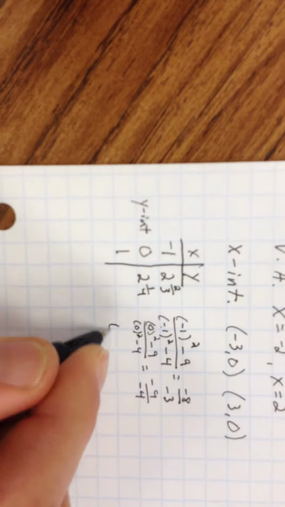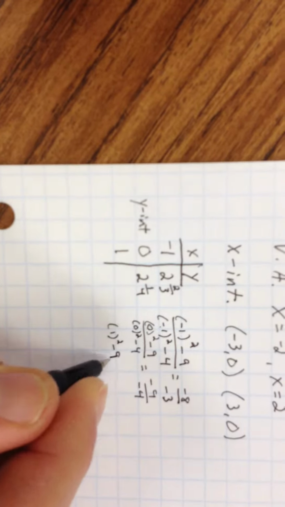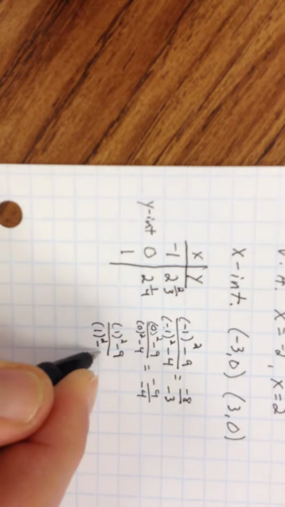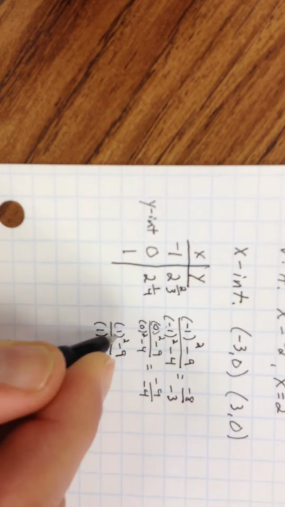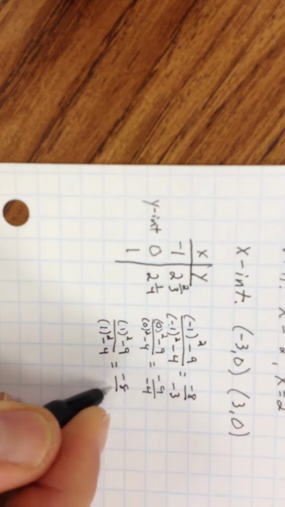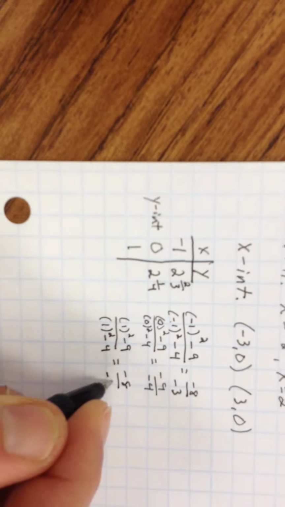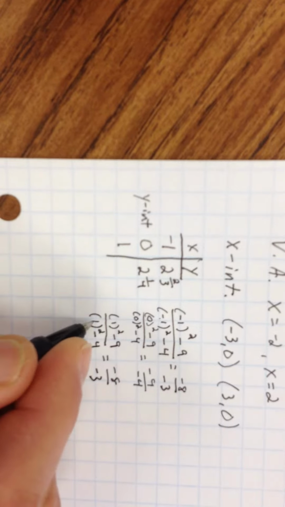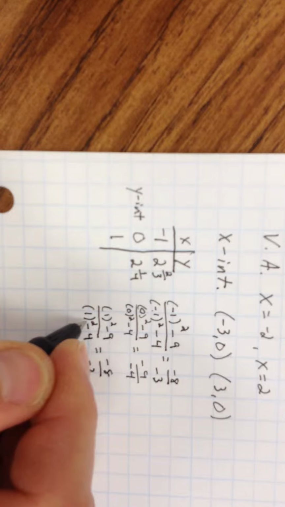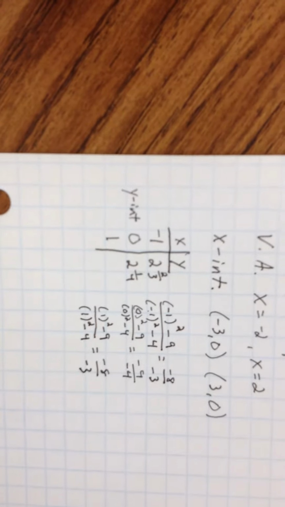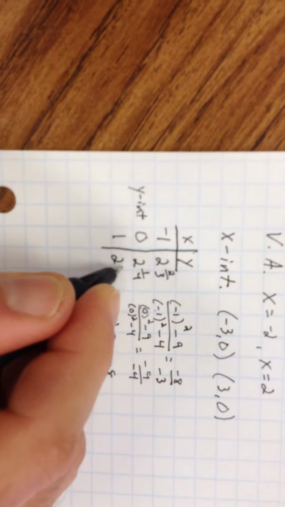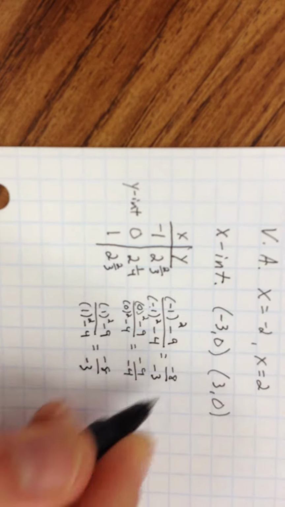Substituting in 1 squared minus 9 and 1 squared minus 4. And that will give us, oh, look at that, another -8 and a -3. Oh, because when you square a positive or a negative, you're going to get the same number. And that makes sense. So then that'll give us another 2 2/3 since it's the same.